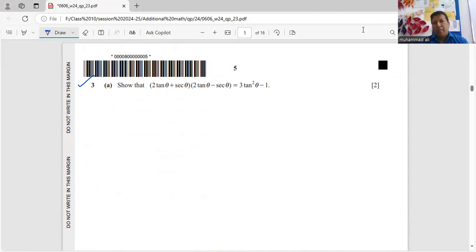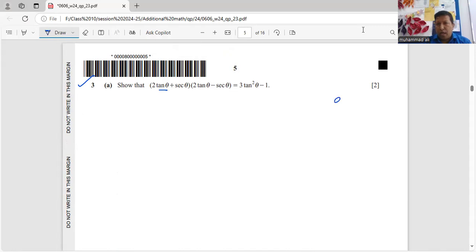Show that (2 tan theta + sec theta)(2 tan theta - sec theta) equals 3 tan squared theta minus 1. If you observe, this is the same term, but here with a minus sign.